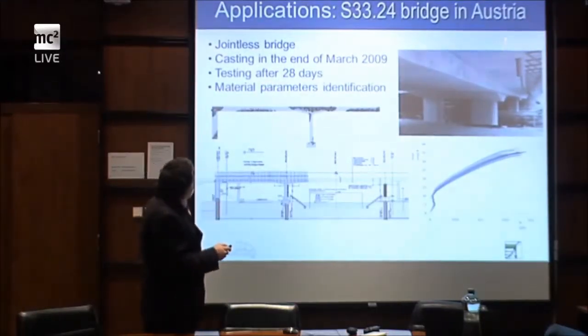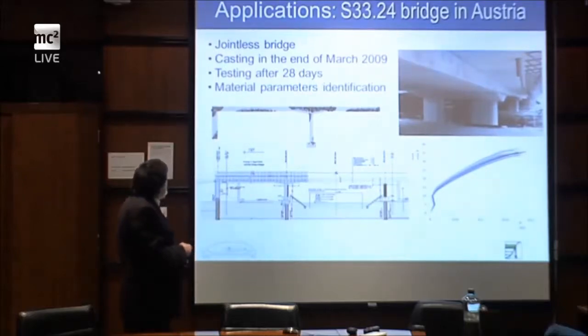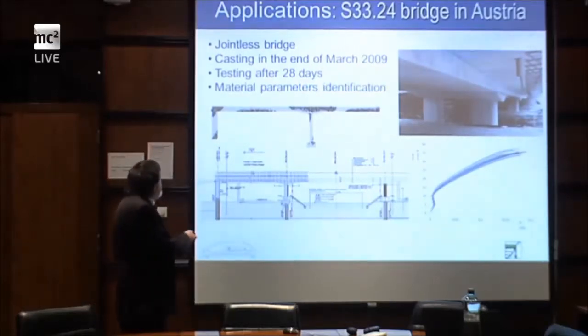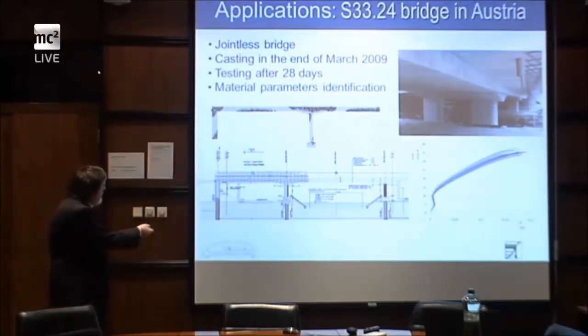Another application is a jointless bridge casting. A testing campaign was done and material parameter identification was done. This is the numerical model of crack patterns in Athena software. Just part of the bridge has been evaluated here.